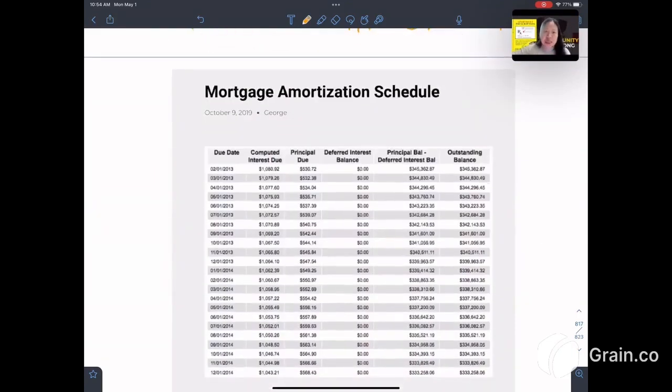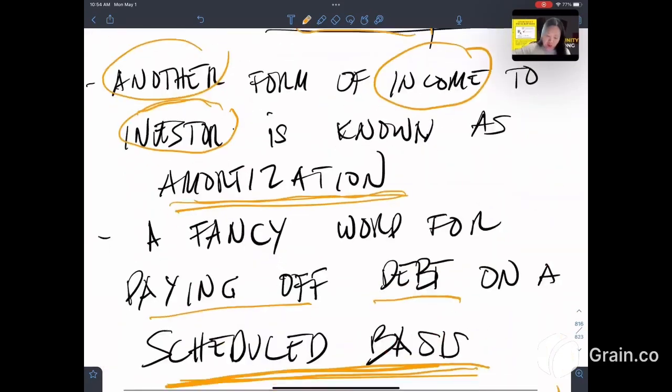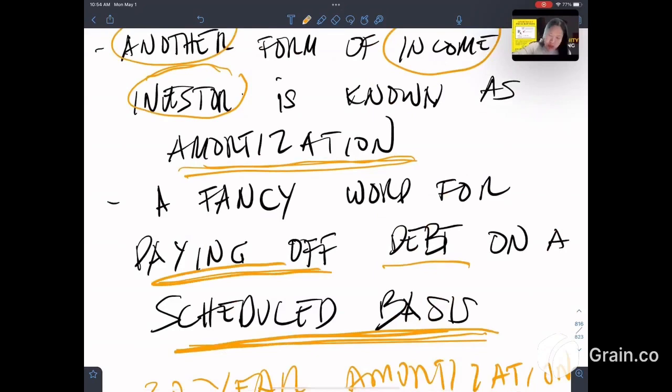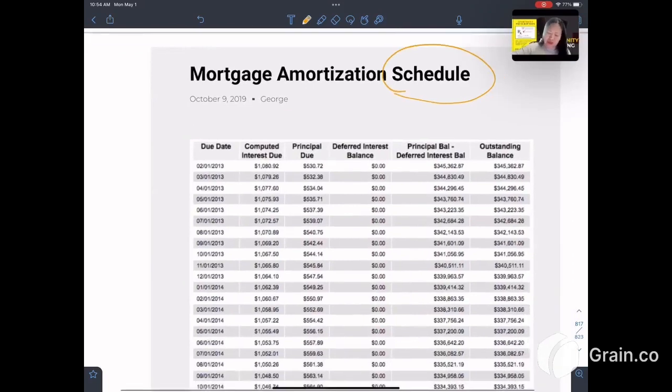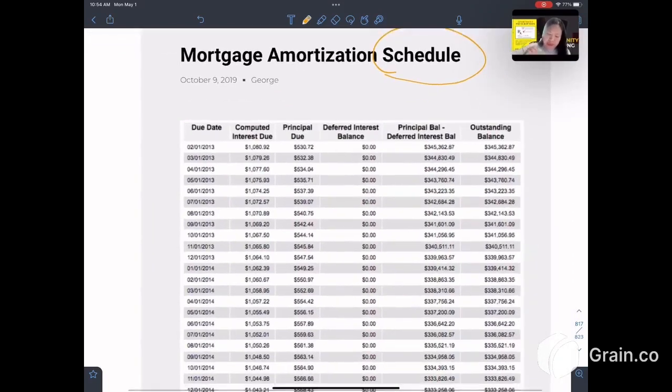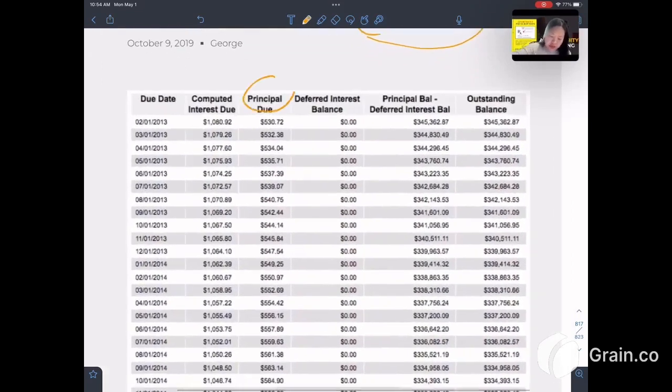So here is an example of an amortization schedule. Again, amortization is a fancy word for paying off debt on a scheduled basis. So this is the schedule, okay? This is paying down your debt. With debt, we have the principal and we have the interest, and this is the outstanding balance remaining.